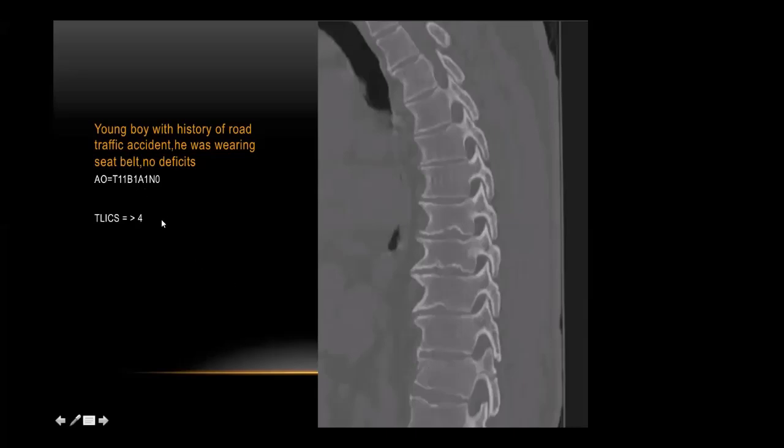But since the higher injury is chance fracture, which is a pure bone injury, we mention B first and A last. It's a BA fracture. As per TLICS, anything that has distraction injury automatically has a score of 4. And if the posterior ligament complex is also gone, it's more than 4.